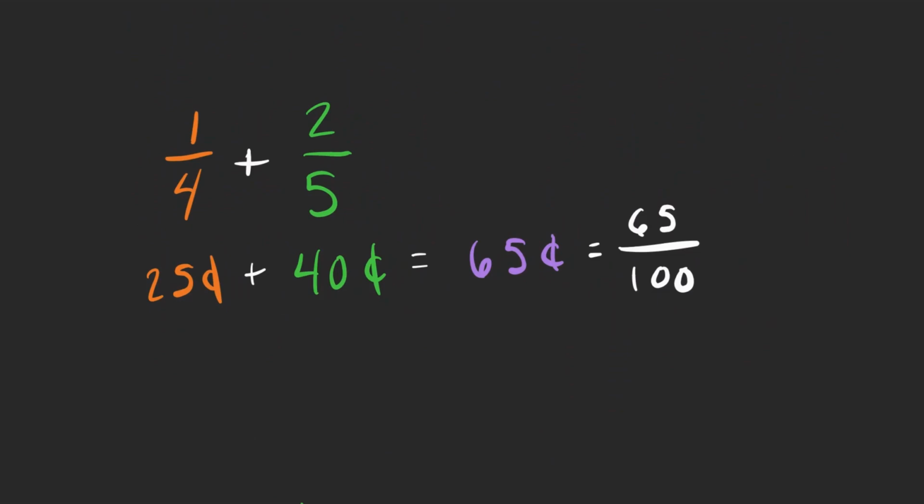So for example, we could reduce this by dividing by 5, and we get 65 divided by 5 is 13, right? And 100 divided by 5, or 100 broken up into 5 parts, would be 20. So 1/4 plus 2/5 is 13/20. All right, let's keep going.